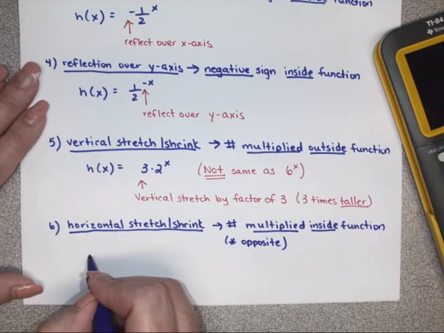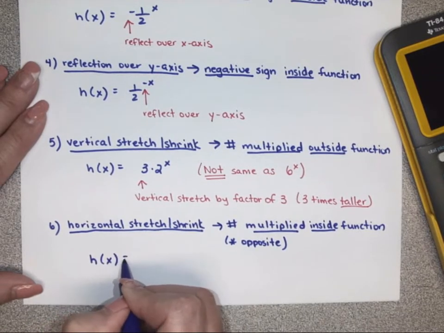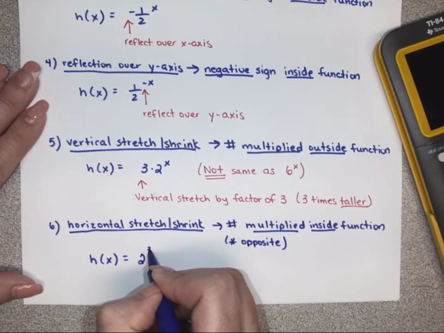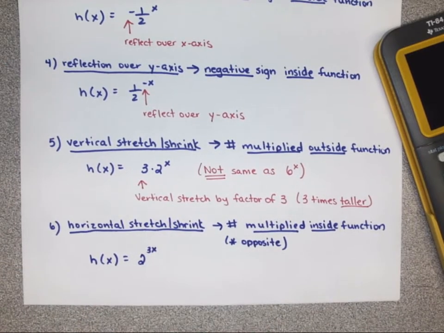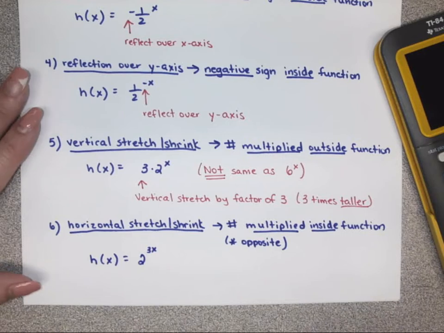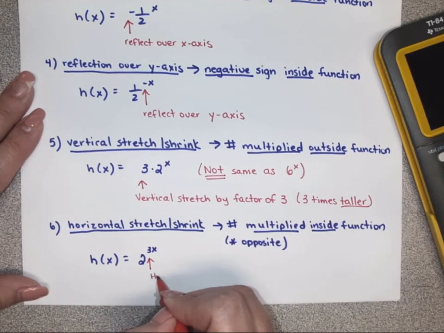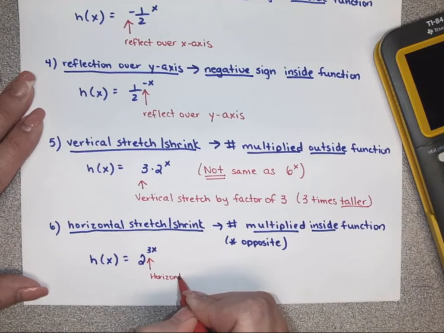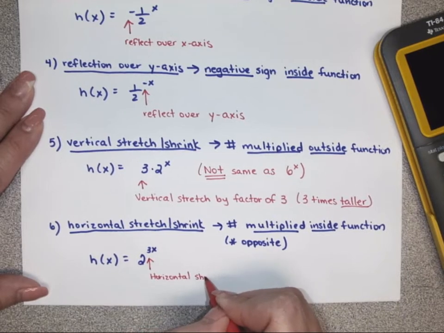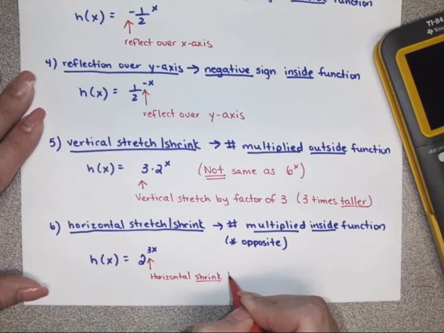So if I ask you to describe this graph, 2 to the 3x power, notice how it's different from example 5, right? In example 5, the 3 is on the outside. Where's the 3 this time? On the inside, okay? So this would actually be a horizontal shrink, because remember it works opposite of the way we might have thought, by a factor of 1/3.